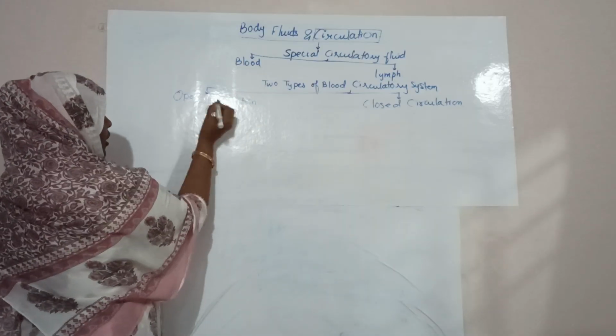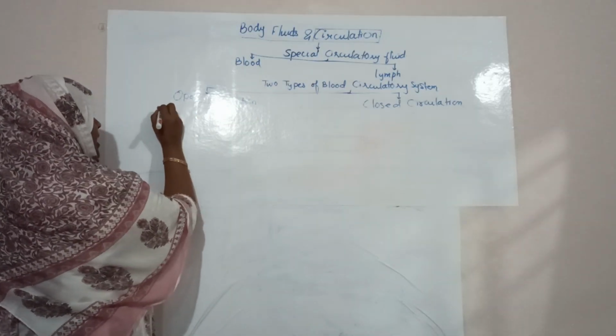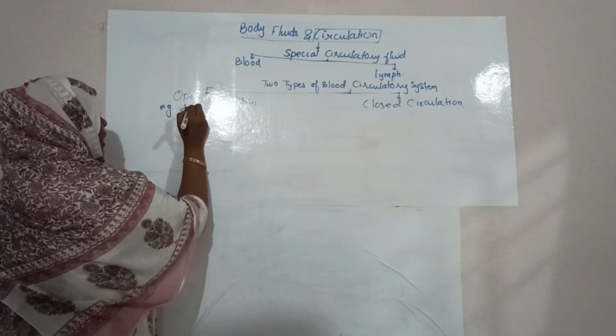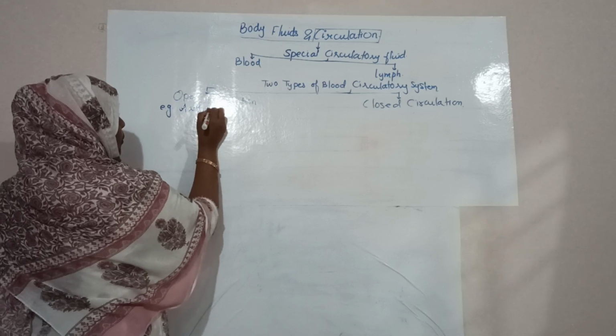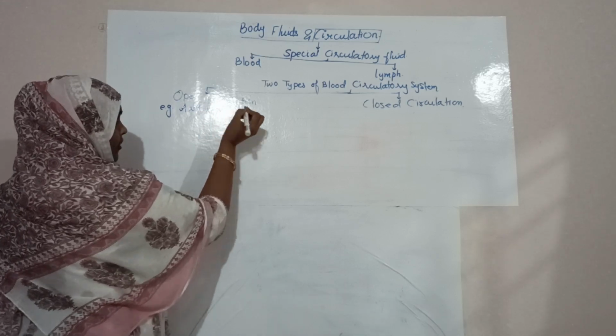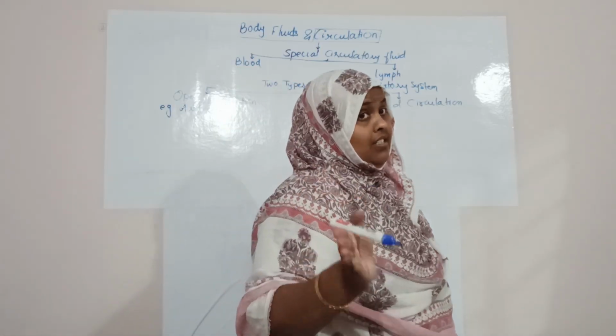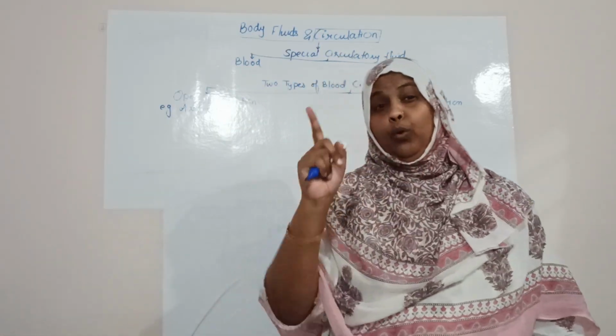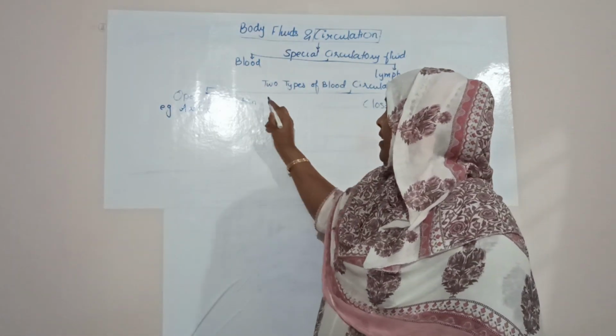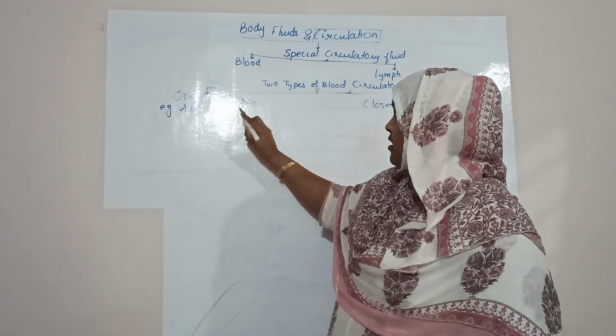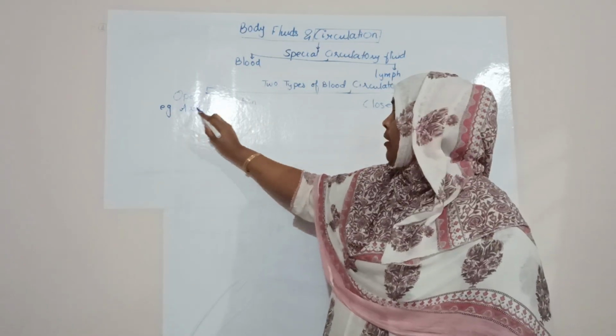So first we write: open circulation is present in which phylum? Phylum Arthropoda. We also studied that Arthropoda is the largest phylum in the whole kingdom.